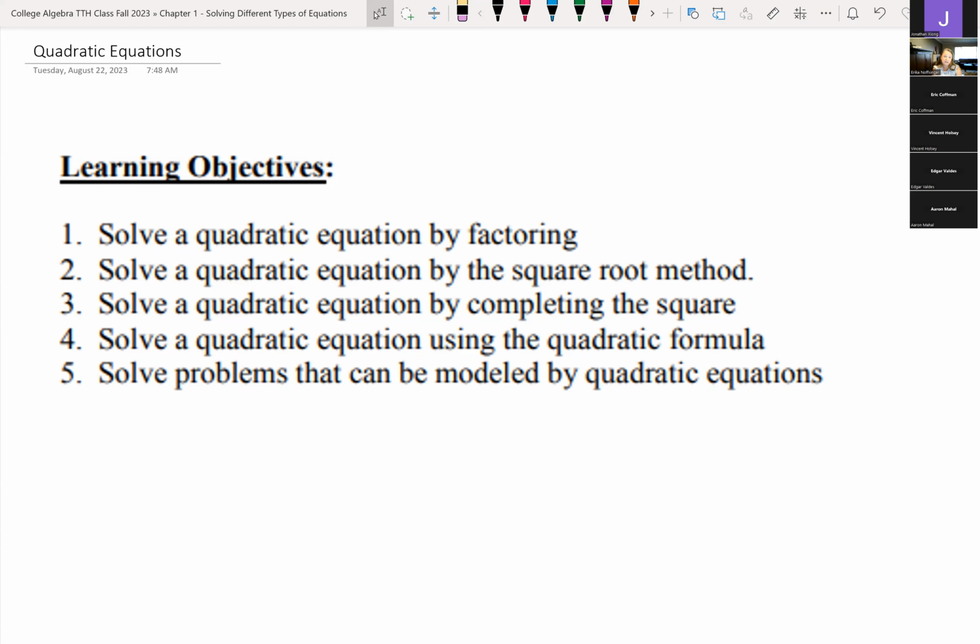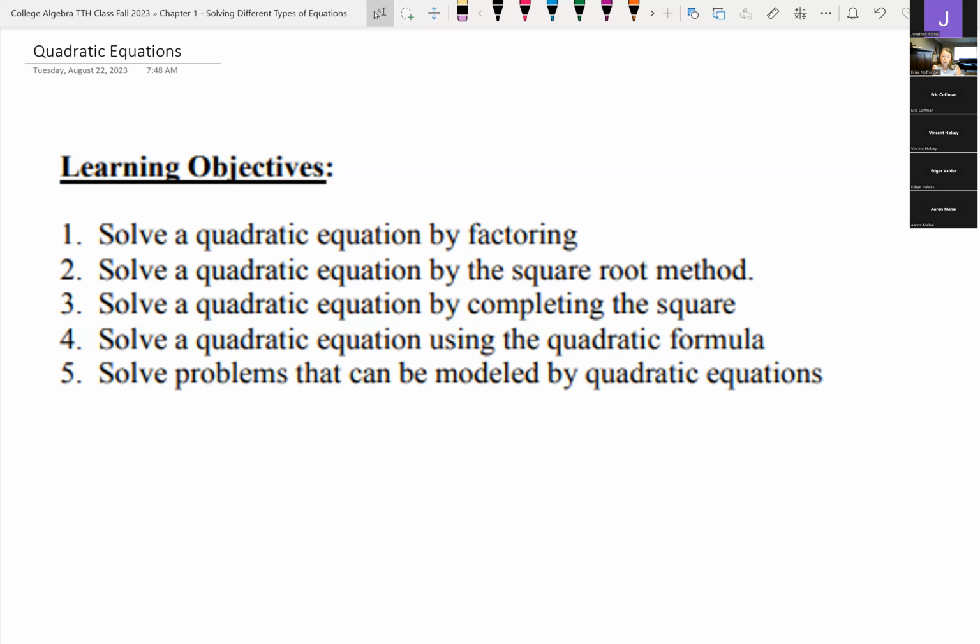There are different methods of solving quadratic equations. One of the methods is solving by factoring, if it's factorable. We can also solve quadratic equations by using the square root method. I'll go through the process of proving how we got the quadratic formula by using the completing the square method.